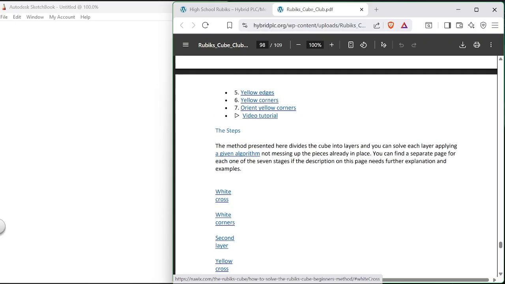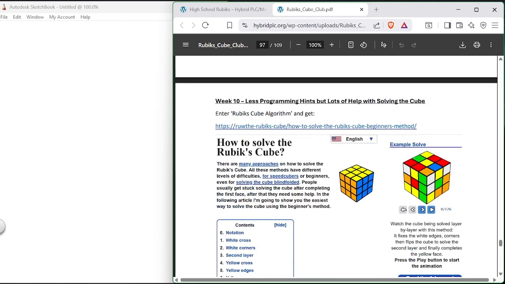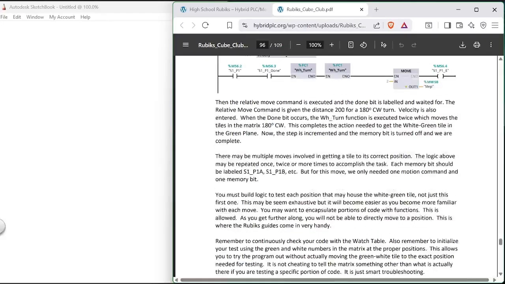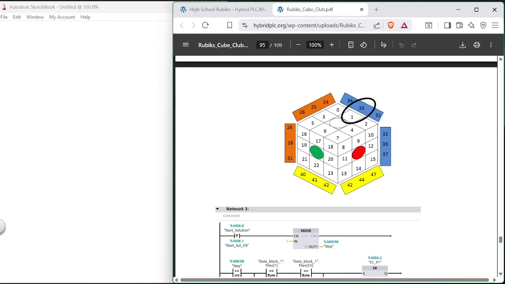Basically, it tells you that the first thing to do is to get, and I don't want to keep going, but to get the white green here, get the white red there, get the white blue there, and the white orange there. Now the white green part, you have to go out and find where it's at. And then you move it around.